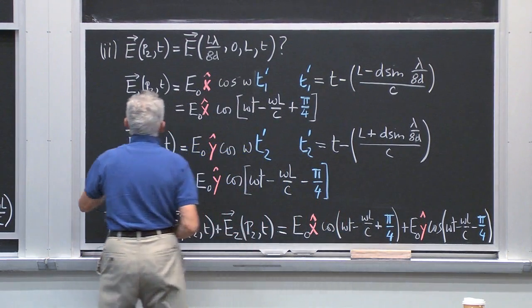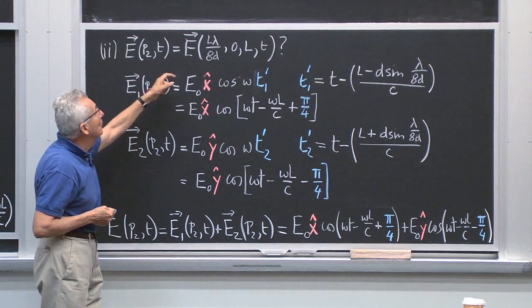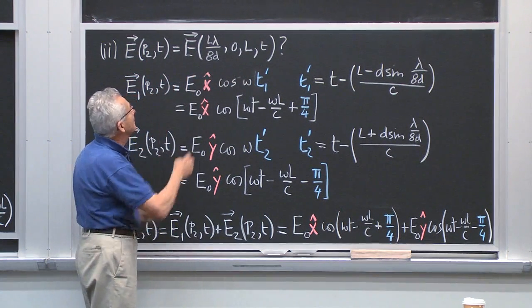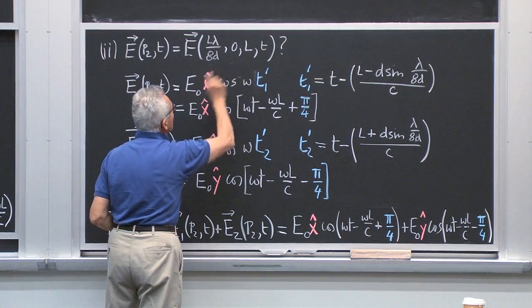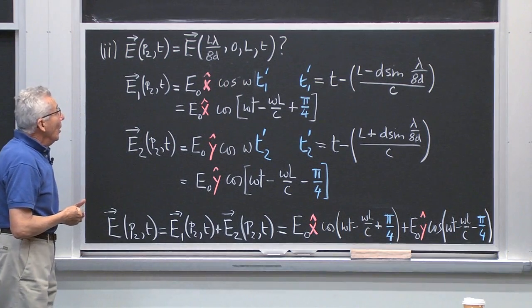So now, as I say, I want to calculate the electric field at the point P2, which is this. This is the x-coordinate, y, and z-coordinate, and I pointed it to you a second ago.